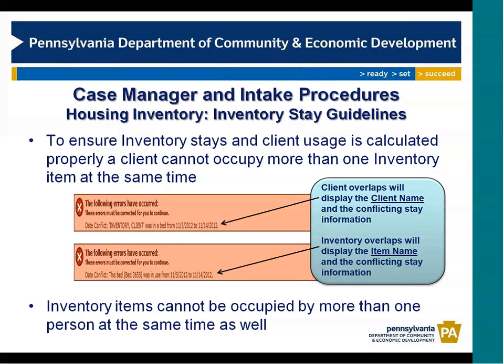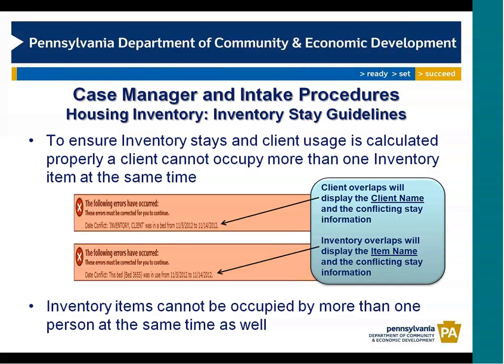Just like with program stays, inventory stays are all based on dates, when they checked in and when they checked out. So during the client's check-in time, he can't be in more than one bed, unit, or voucher at one time. If you try to check a client into another bed, it will catch you and flash a message up on the screen.